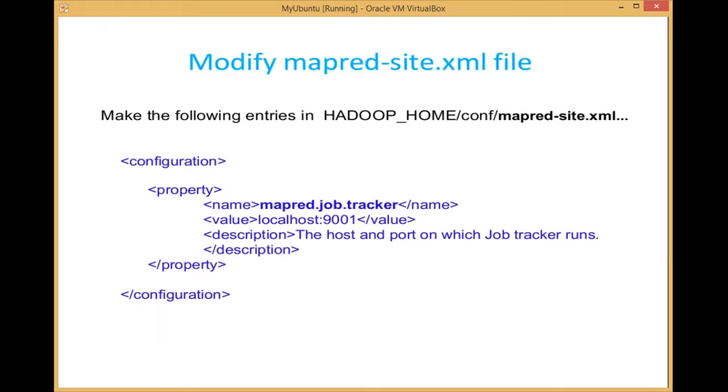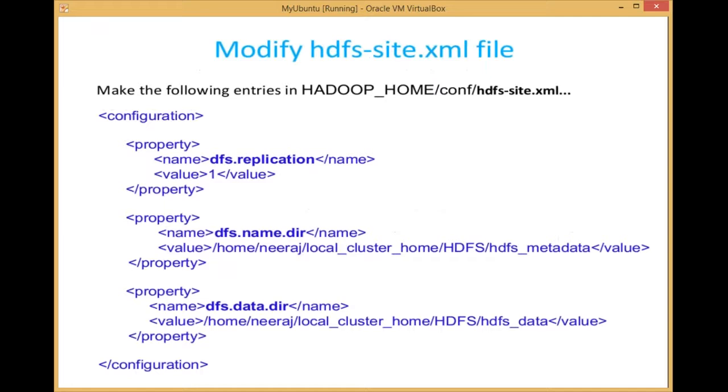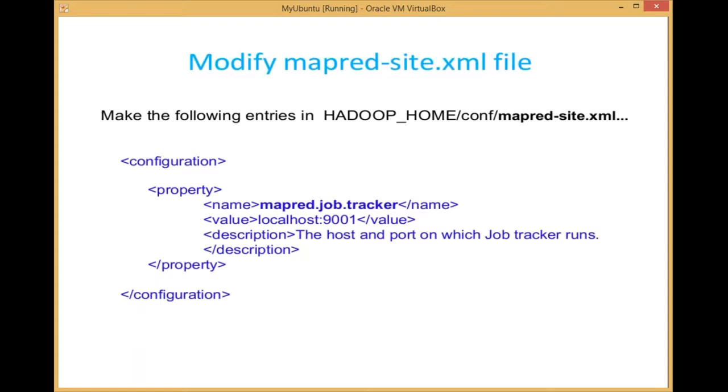One more thing you can notice is, for this property, I have given a description also: the host and port on which job tracker runs. But we did not provide any description in the previous slides, right? Actually, description is an optional part. The name of the property and the value of the property are mandatory. You cannot skip them.